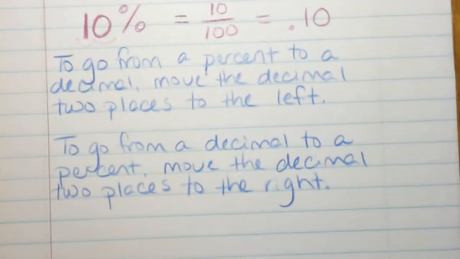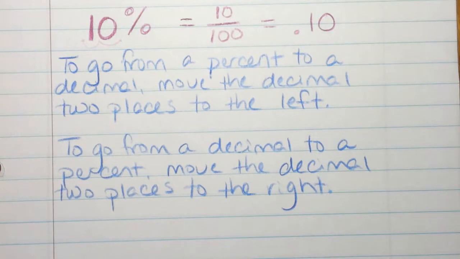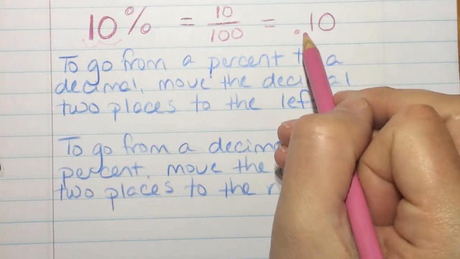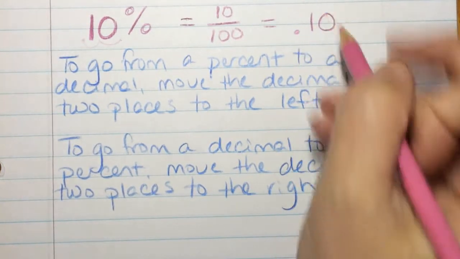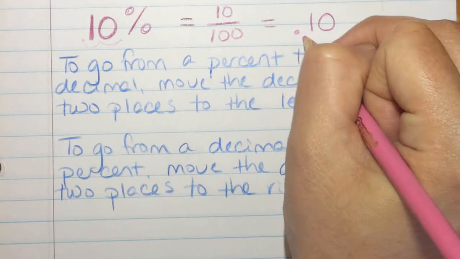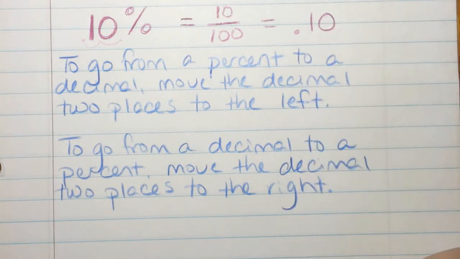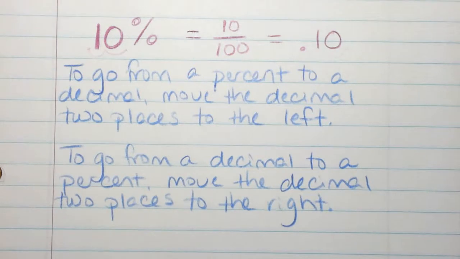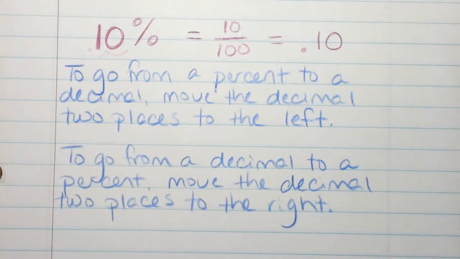Okay, give it a second. All right. So like here, if I wanted to turn this back into a percent, I would go to the right, 1, 2, and then I'd move my decimal there. Okay? And that's really just because a percent is just a fraction or a ratio over 100, and when you say 10 hundredths, you're really saying 0.10.